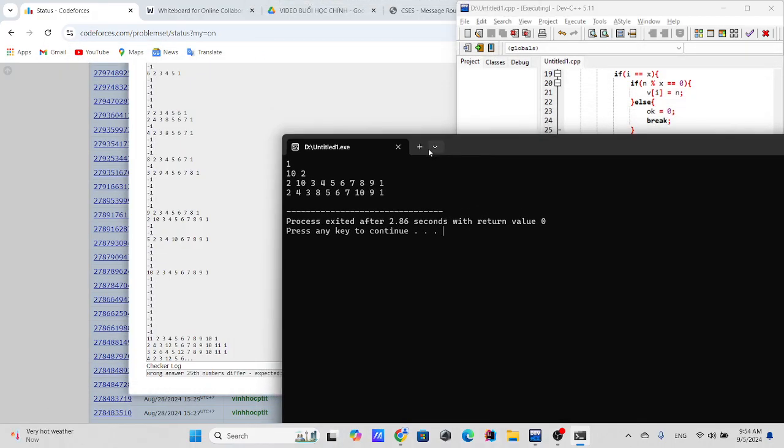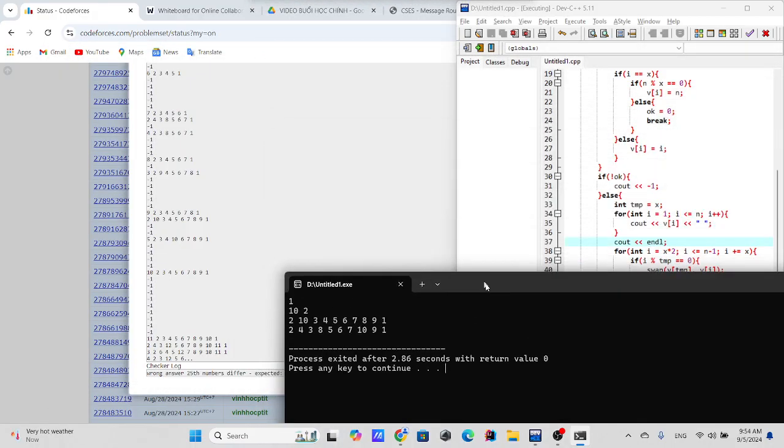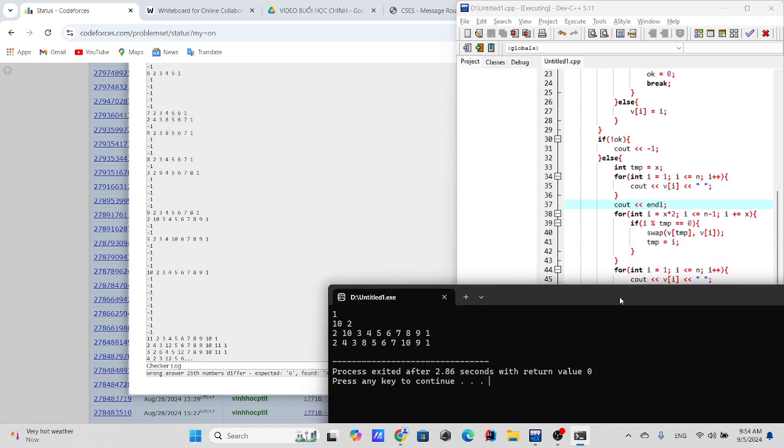Okay, it starts from here, right? Here. If E is divided by temporary, temporary is X, right? Temporary is 2.